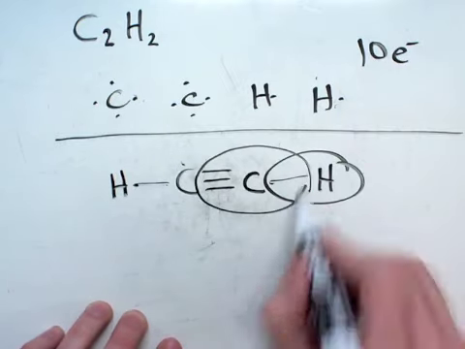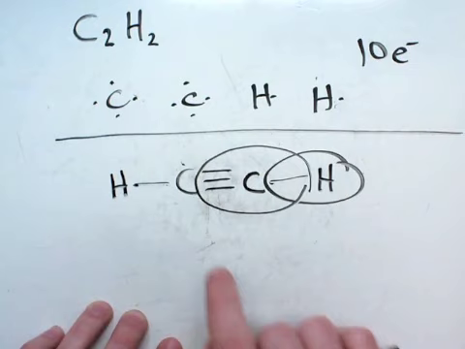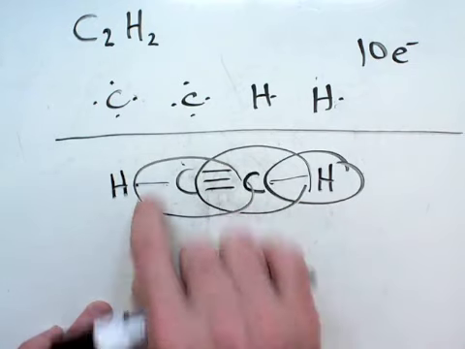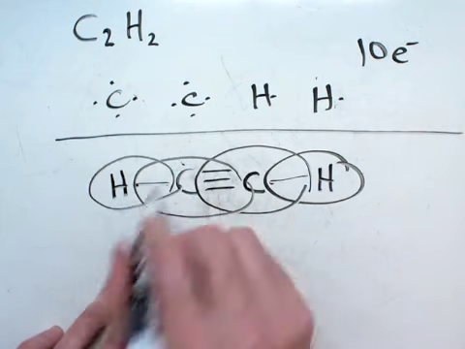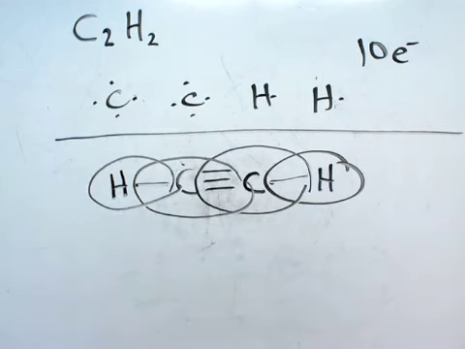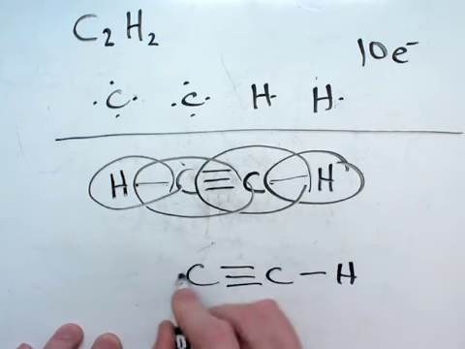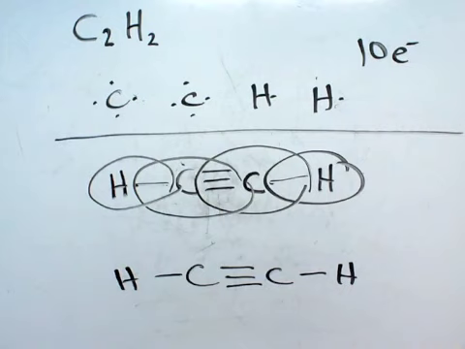This carbon would have 2, 4, 6, 8. This carbon would have 2, 4, 6, 8. And that hydrogen would have 2. So everything's happy. So final answer, this right here. And notice that in this particular example there would be no unshared pairs.